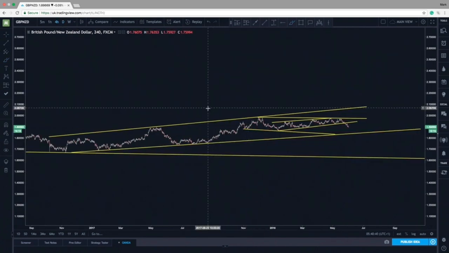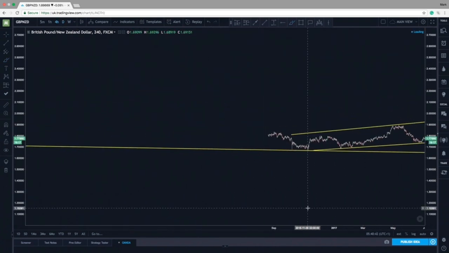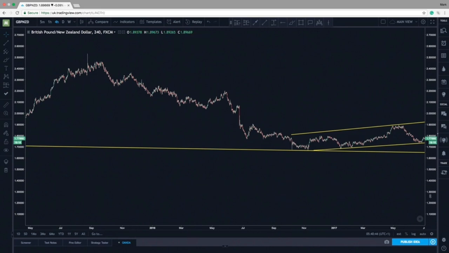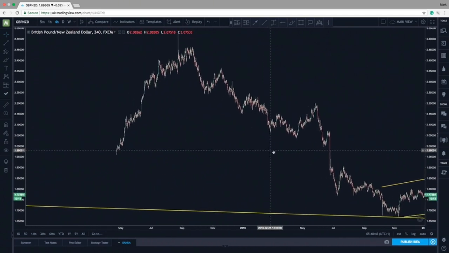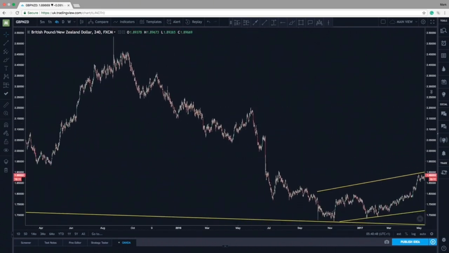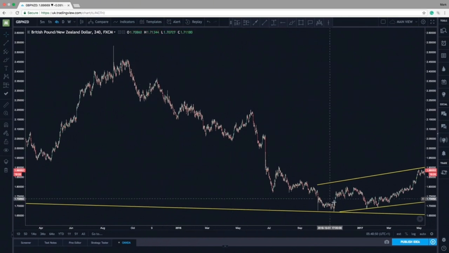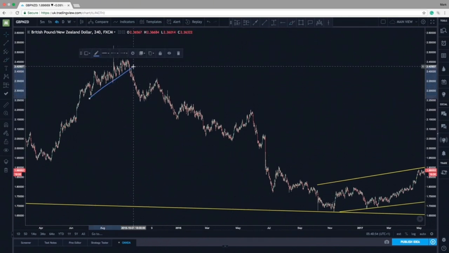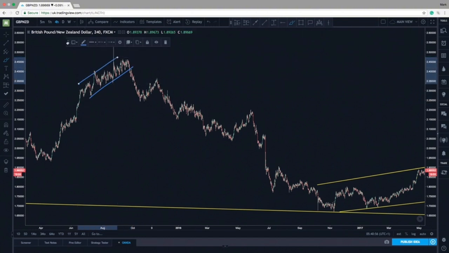So if we go to the 4 hour chart, the reason why this is very, very important is because when we look at the particular structure, let's just outline this here. We know this is the big move down, that's the impulse. But within there, we can see that we have corrections. And if we look at that part, we can see that's just an ascending channel.